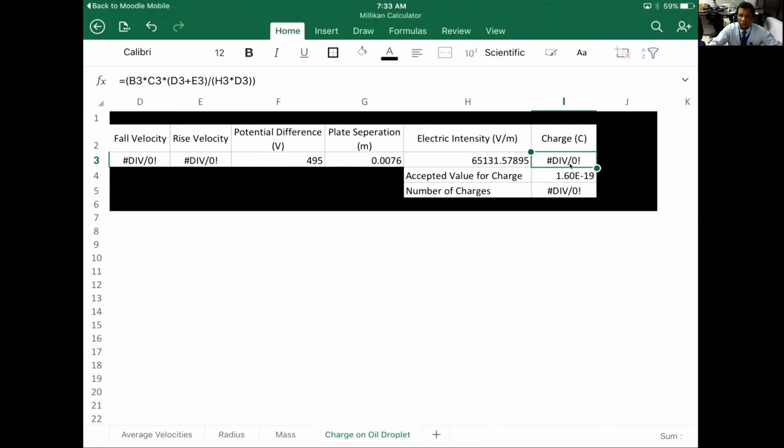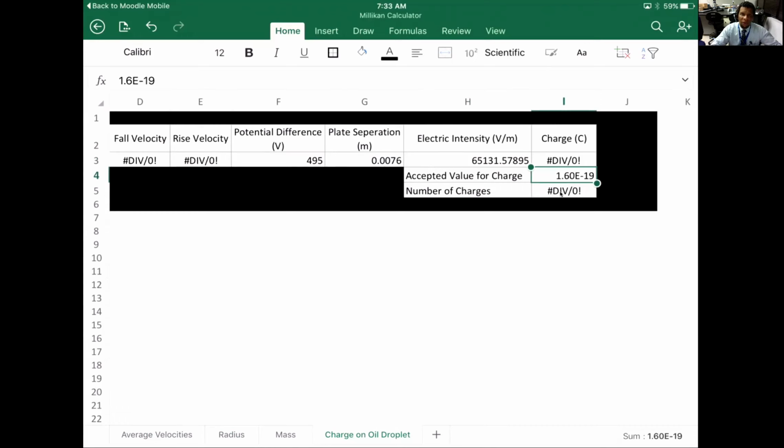So we have division by 0, that's just our calculated charge. The accepted value for charge is 1.60 e to the negative 19. And the number of charges is just going to be calculated by us taking this value and dividing it into what we have here. And so I only have this in increments of 1, 2. I'm only taking integers. So everything else is an error. Okay.